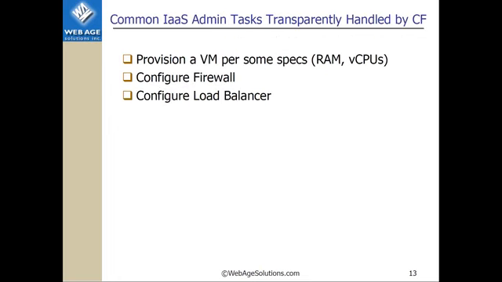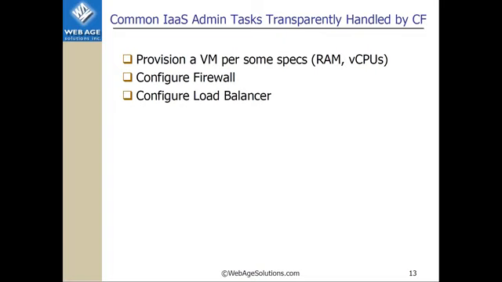And take a look at these common IaaS admin tasks that are transparently handled by Cloud Foundry. It's not all of those, but I guess these are the most appealing ones where you say, yes, that's a very big win for us if we can provision a VM by just doing it at the command line.